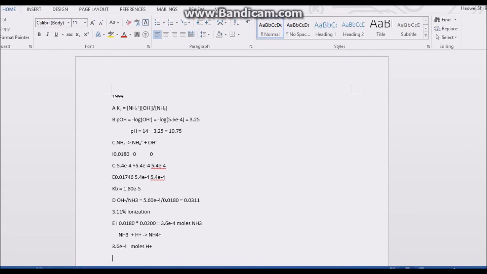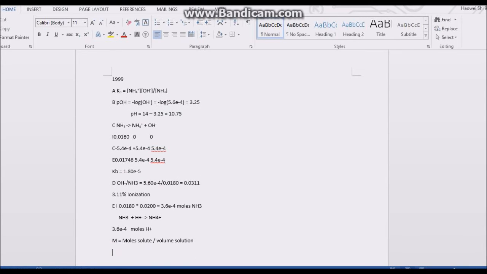Since the concentration M equals moles of solute divided by volume of solution, we can manipulate this function to calculate the volume of solution.